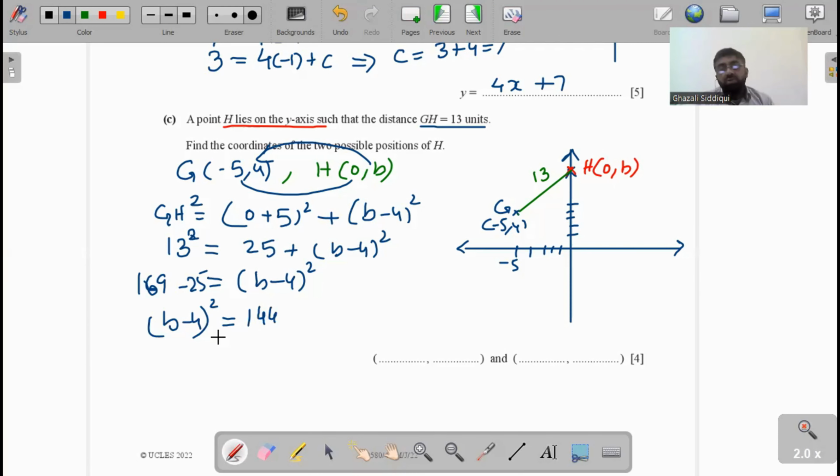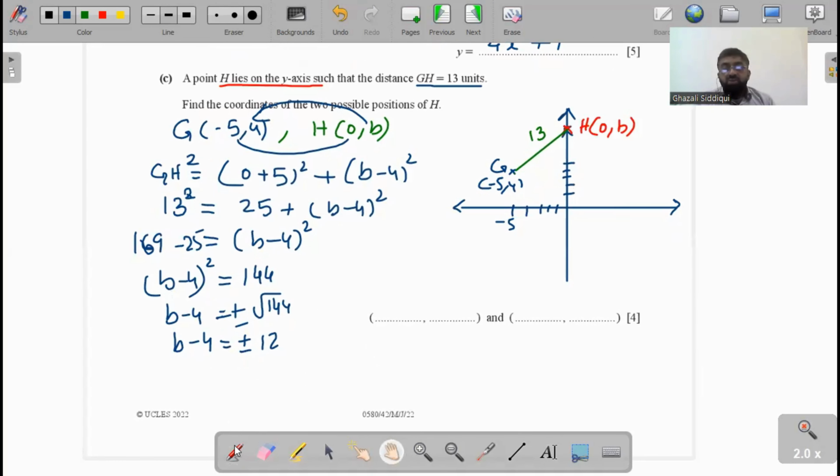Now we take the square root to find b. We get b minus 4 equal to plus or minus the square root of 144, that is plus or minus 12. Therefore, we get two values: either b minus 4 equals plus 12 or b minus 4 equals minus 12.